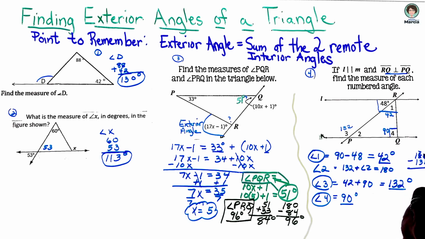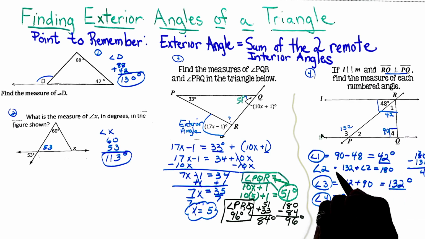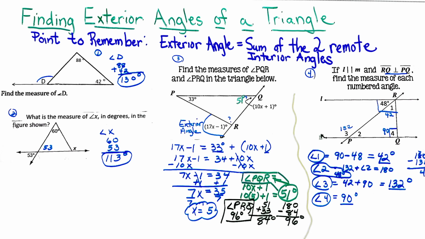Yes, there's some regrouping that has to go on. And I see that angle 2 is actually going to be equal to my 48 degrees. So I'm going to write that right here. 48 degrees for my angle 2.